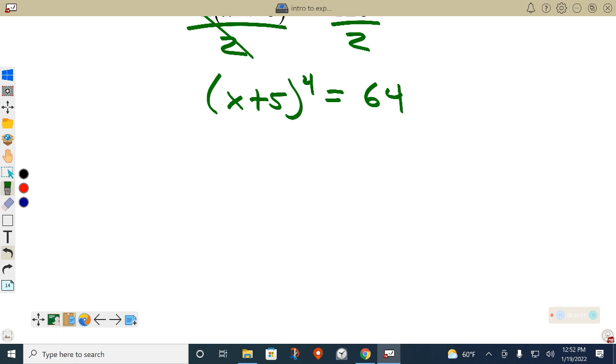How do you get rid of that 4th power? The square root of... But it says 4th, it's a 4th root. Good, you're on the right track. So look, watch this. 4th root on the left, 4th root on the right, and we're rocking and rolling.